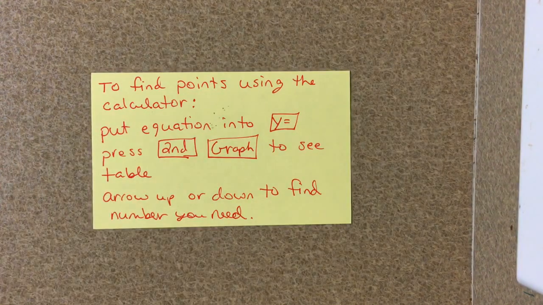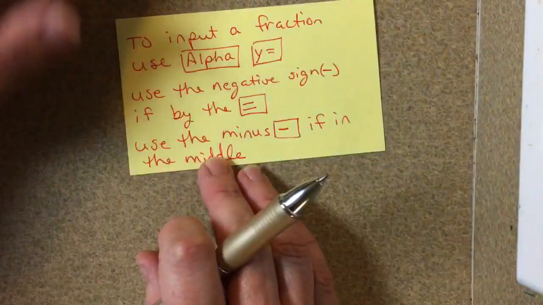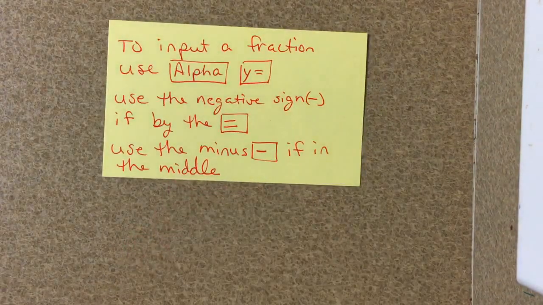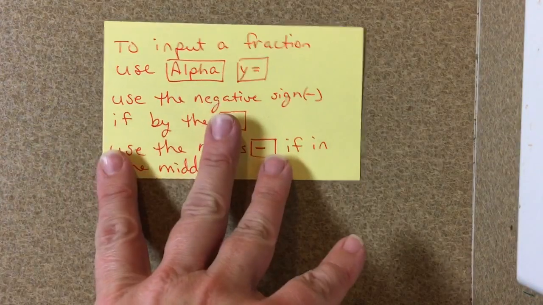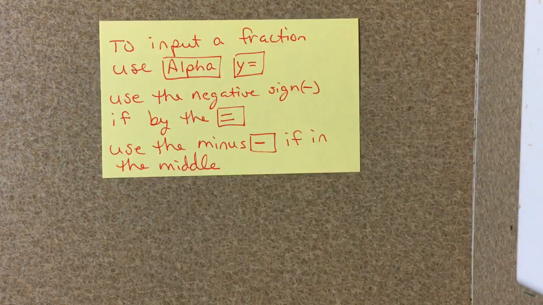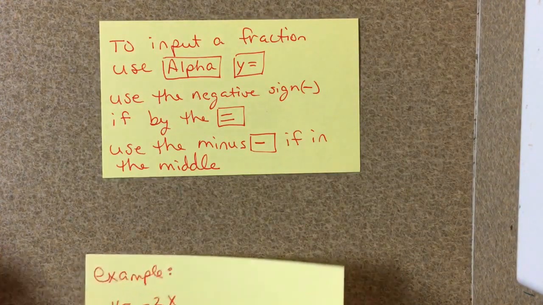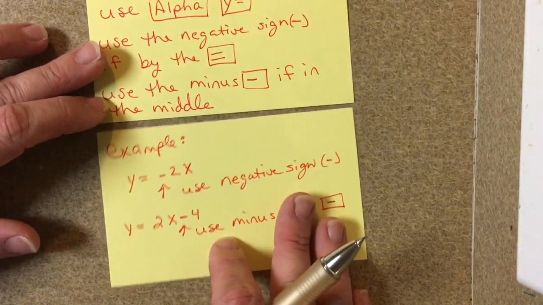We're also going to be graphing fractions. So remember, to input a fraction into the calculator, you're going to need to use alpha and y equal. We're also going to be using negatives and minus signs. You're going to use the negative sign if it is right by the equal sign.